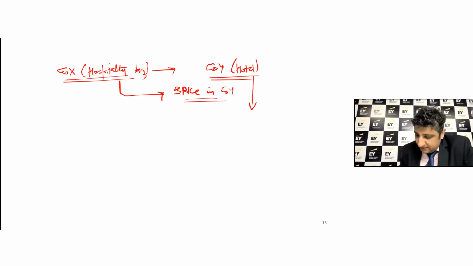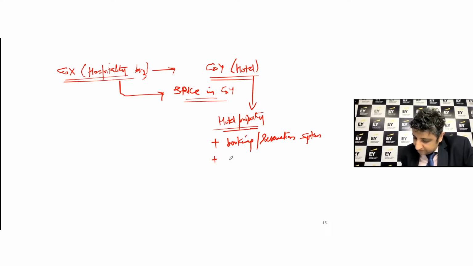It has a property, a hotel property, of course, where it has its own booking or reservation system. It has all the facilities, maybe a pool or a gym membership facility or other amenities, for example.